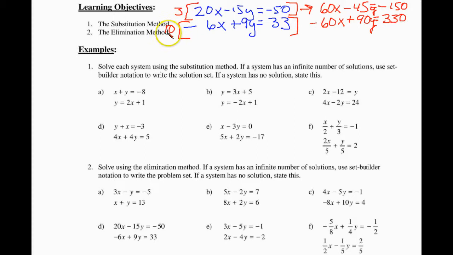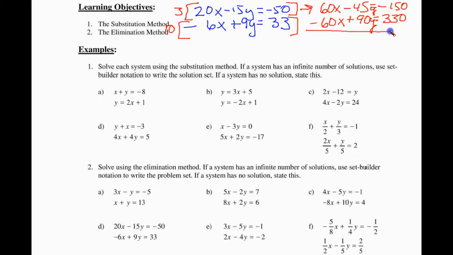And this is 10 times a negative 6x, a negative 60x. So this is what I was shooting for. And then 10 times 9 is 90y. And 10 times this is 330.